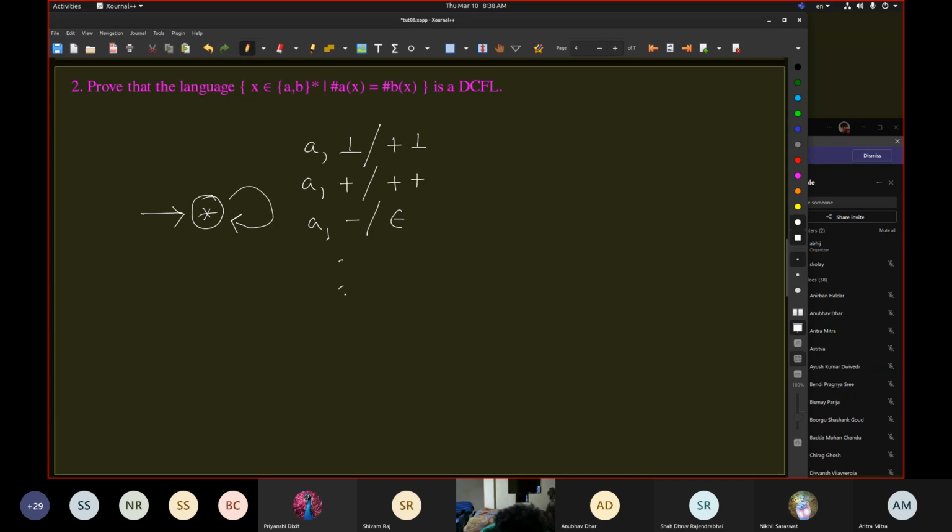Likewise, you have three transitions for B. And there is a unique thing to do for consuming each A. So there is no ambiguity, or I would say there is no non-determinism here. But you tell me what is the difference?